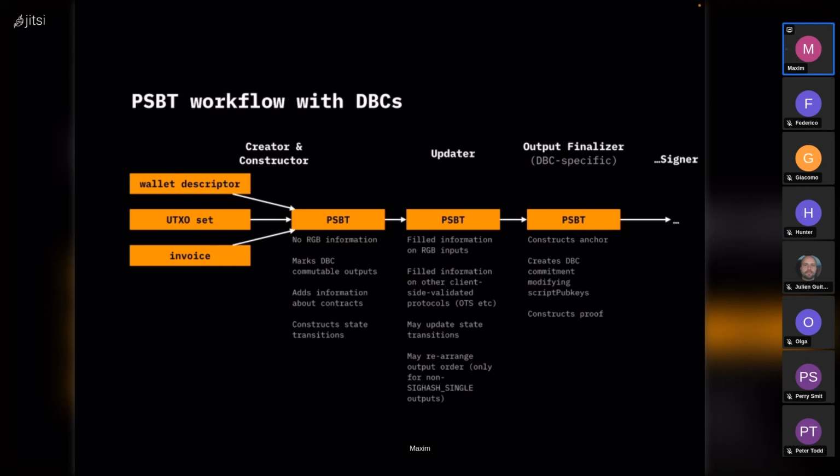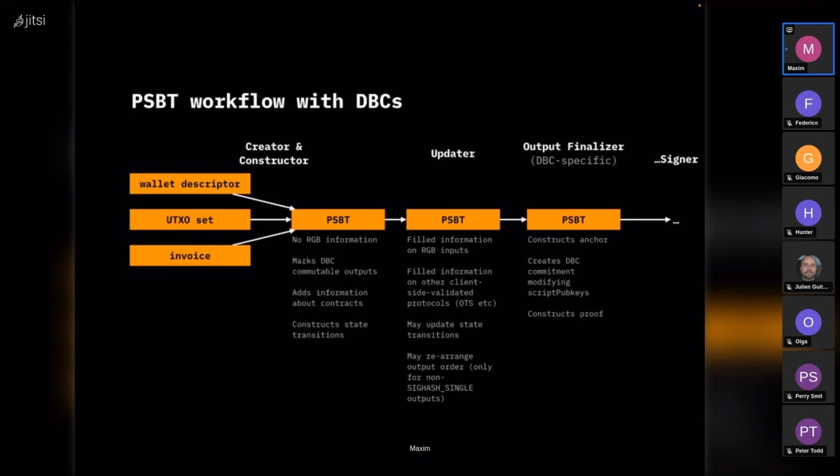And this role goes after the updater, but before the signer, because the signer has to sign the serialized transaction data, which includes all of the outputs, and these outputs must already contain the commitment. Two of these roles will have modifications related to the deterministic Bitcoin commitments, and the third role will be added to the workflow.